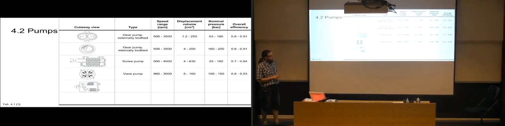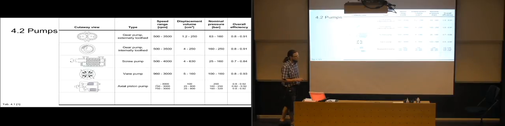Then we have the piston pumps, axial piston pumps. And here you can get a whole range of different solutions. So from very low speeds to 3,000, and then from 750 to 3,000. And it will give you a couple of different combinations of displacement volume, and pressure, and efficiencies also.